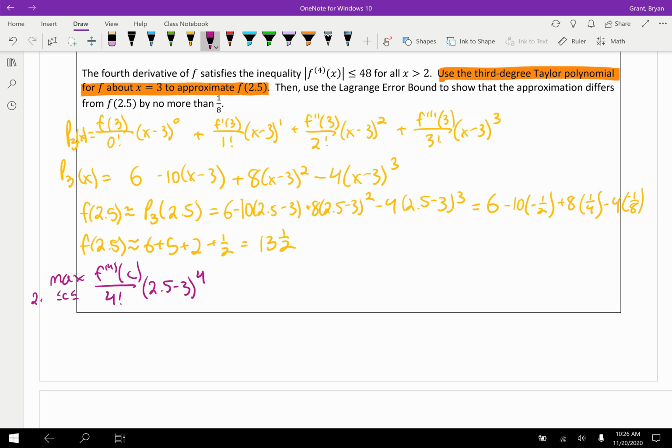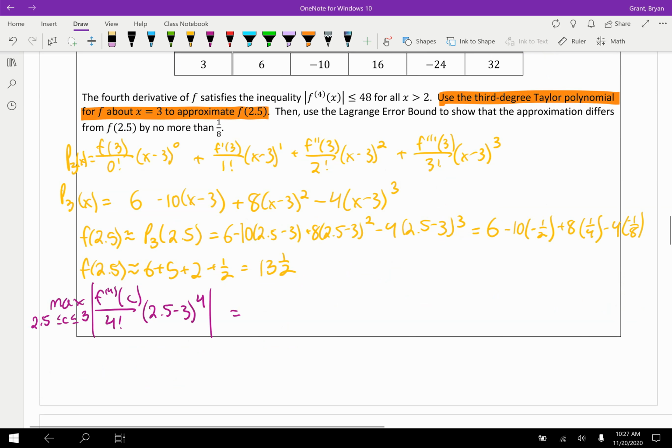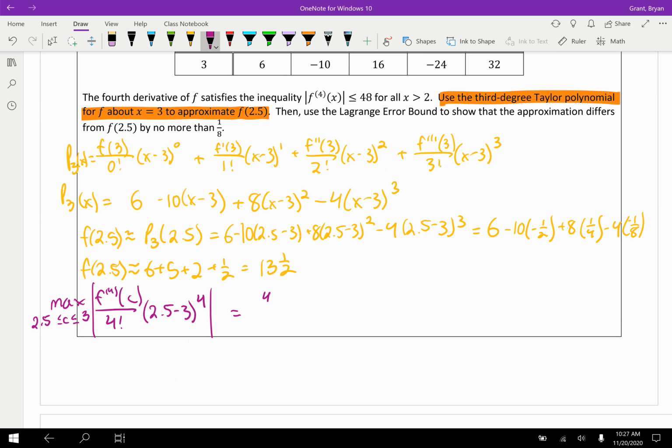Well, we plugged in 2.5 and the center is 3, so c has to be between 2.5 and 3. This should all be an absolute value as well. As we work this out, the maximum that the fourth derivative can be, they told us, is 48, as long as we're using an x greater than 2. And we are looking at inputs greater than 2. So simplifying this, the fourth derivative's max can be 48.